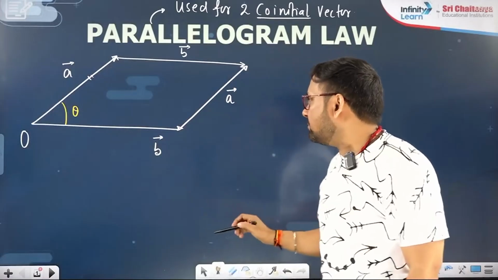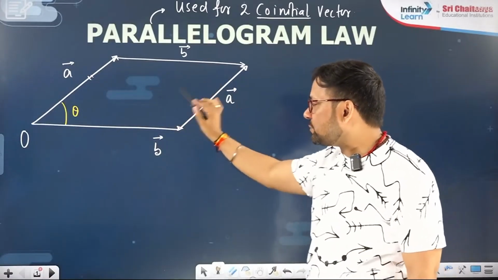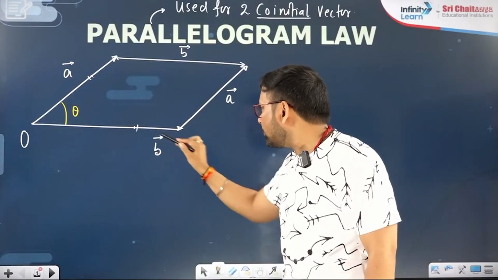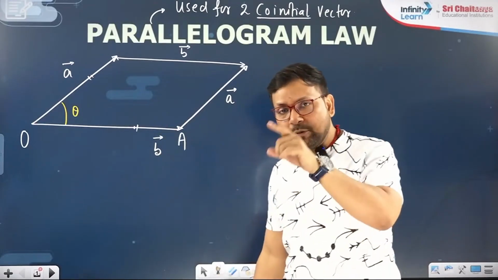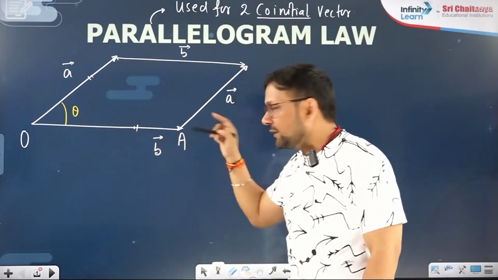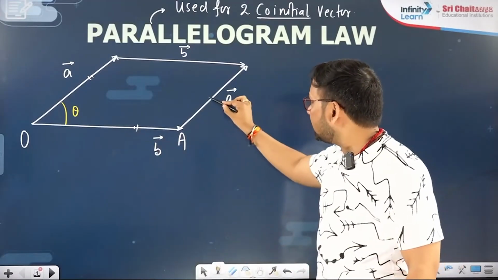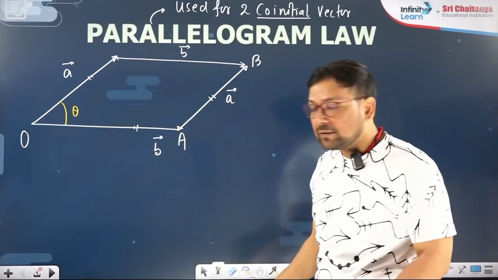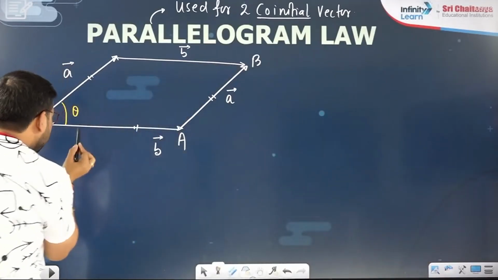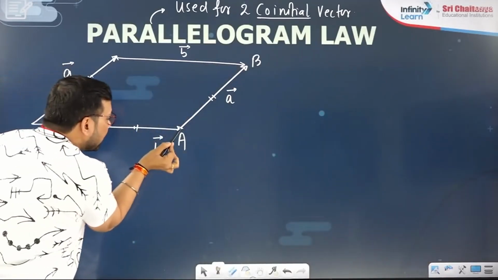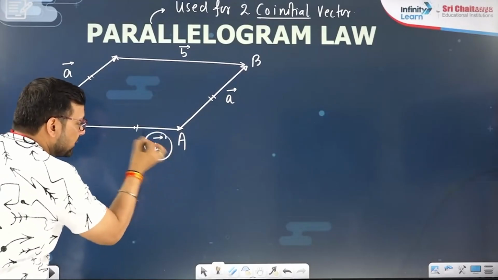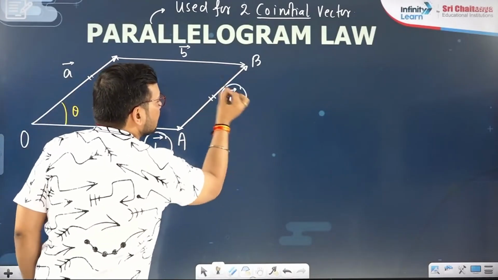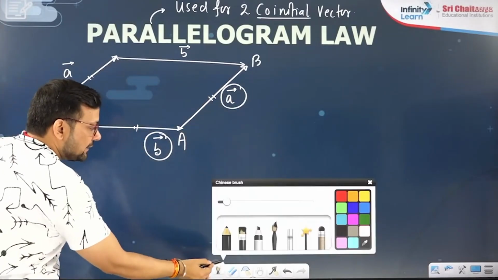In this parallelogram, vector B is helping you go from point O to point A. With the help of vector B, you are going from O to A. And again with the help of vector A, you are going from A to B. Now what is the net effect?